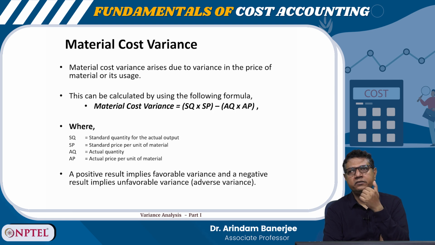This cost variance may be favorable if my actual cost is lower than the standard cost; I will say material cost variance is favorable. Otherwise, if my actual cost is more than the standard cost, I will say my material cost variance is unfavorable. A positive result implies favorable variance and a negative result implies unfavorable variance or adverse variance.